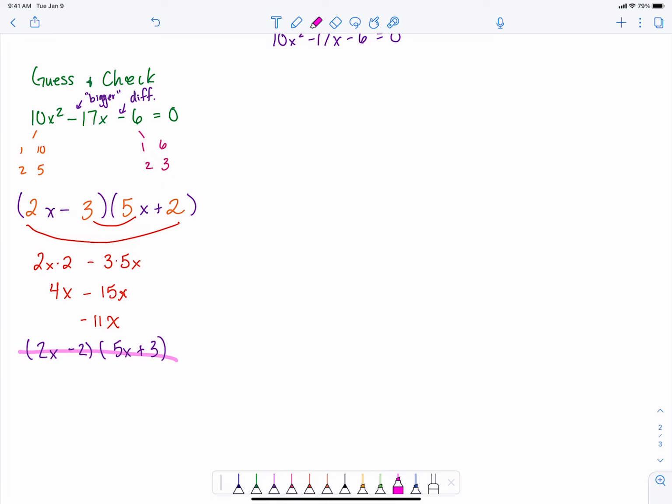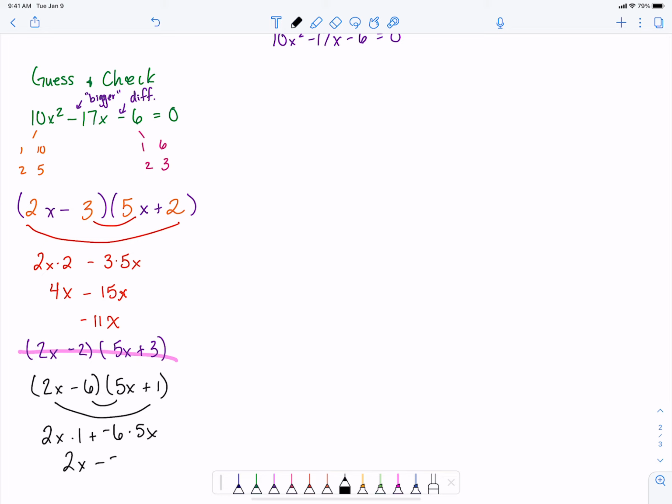So again, I'm going to take a guess and maybe I'll leave my 2 and 5 and try 1 and 6 and see what happens. So we'll try out those outer terms. We get 2x times 1 and then plus negative 6 times 5x. So we get 2x minus, ooh, that's way too big.